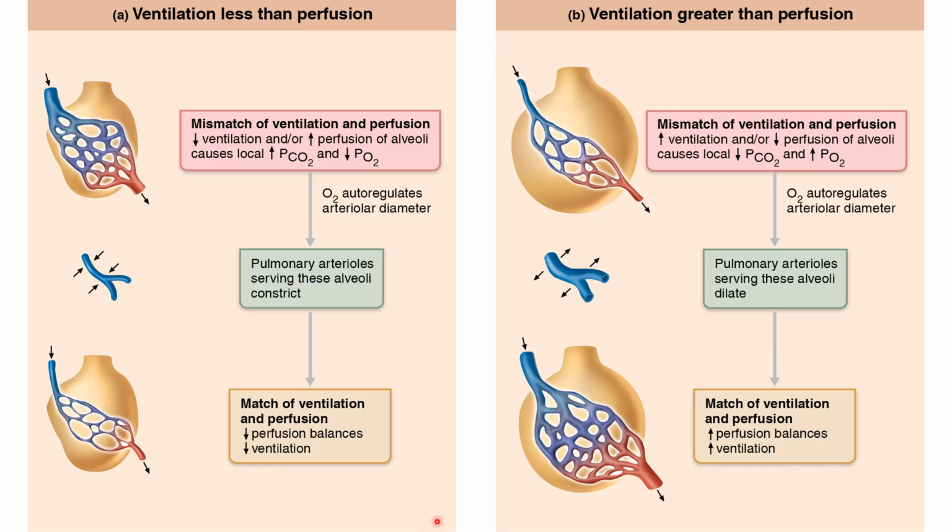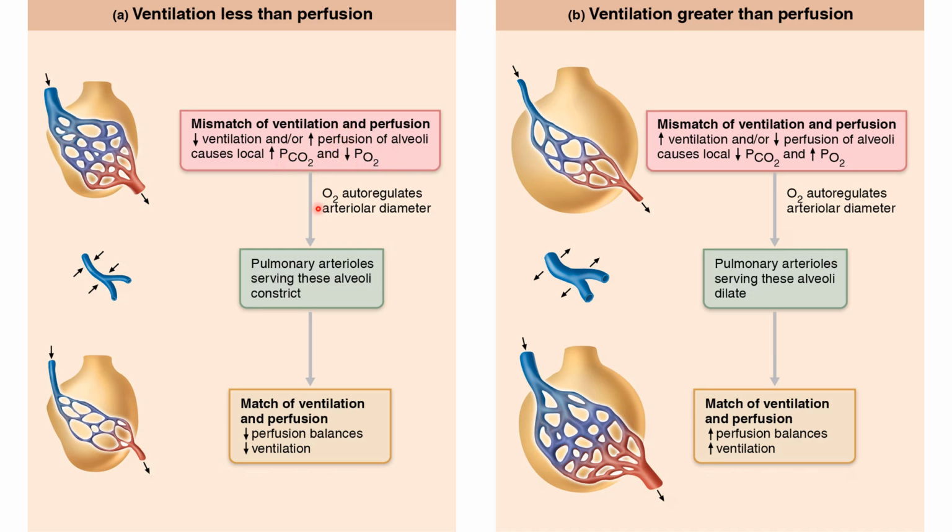So now let's see how it is auto-regulated. In this box there is decreased ventilation compared to the perfusion. Because of that decreased ventilation and increased perfusion, there is increased partial pressure of carbon dioxide and decreased oxygen.